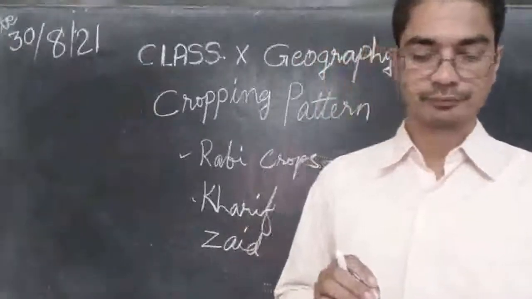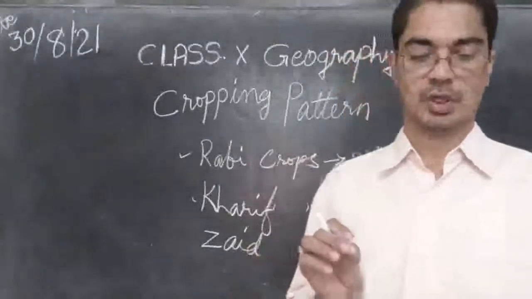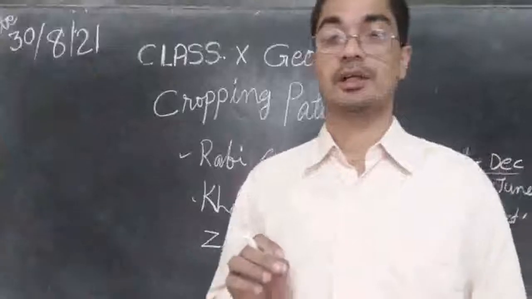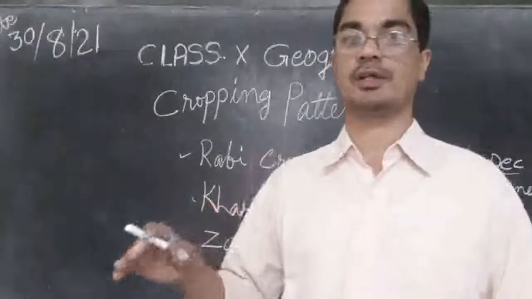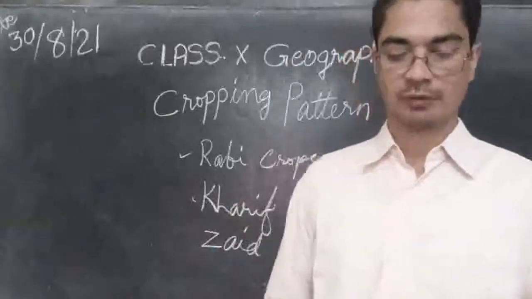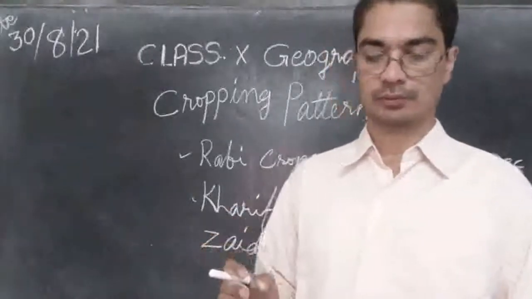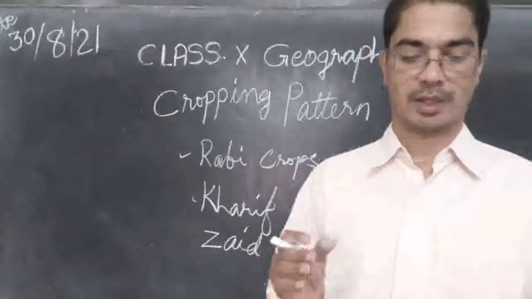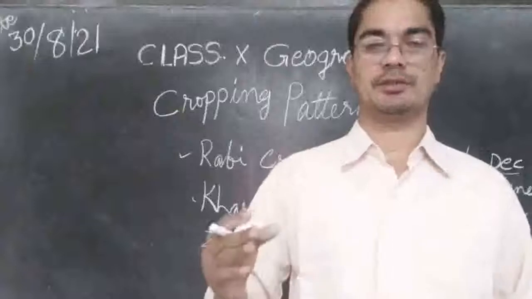And which are the most important states producing rice? They are, you can underline, Assam, West Bengal, then coastal regions of Odisha, near the seashore, then Andhra Pradesh, Telangana, Tamil Nadu, Kerala, Maharashtra. All these states have got coastal regions.